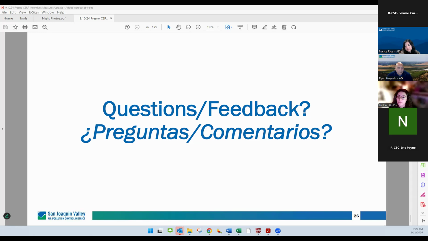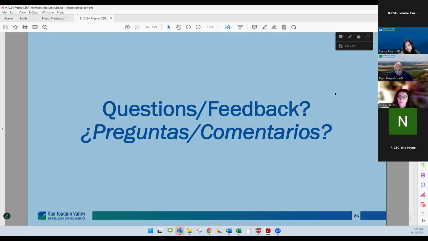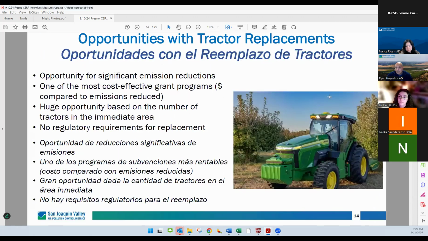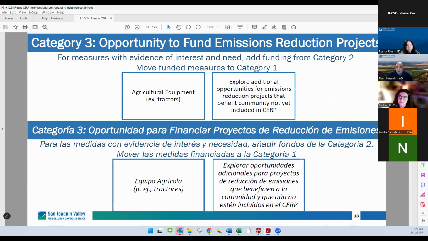And Natalie, if I kind of go back to that one slide. Sorry, Malcolm, that's not what I'm talking about. Right here. It was part of that subcommittee. I would hope and look forward to hearing ideas and suggestions on ways in which you think we'd be able to get those emission reductions.